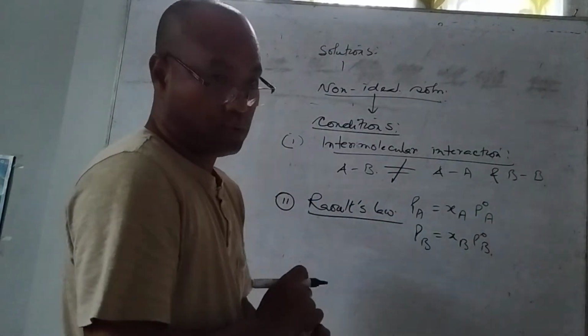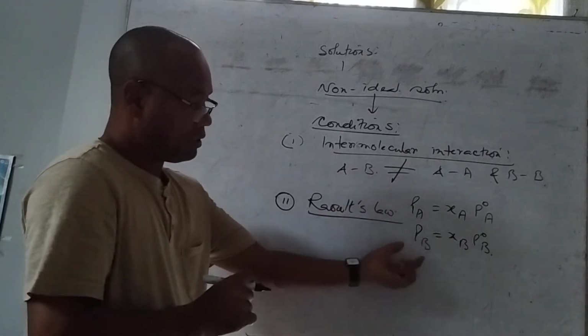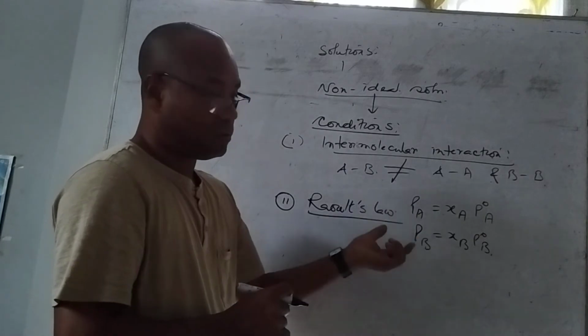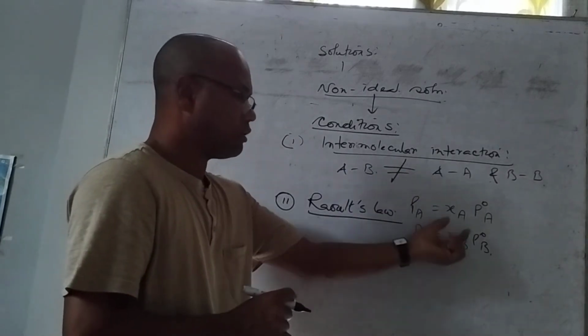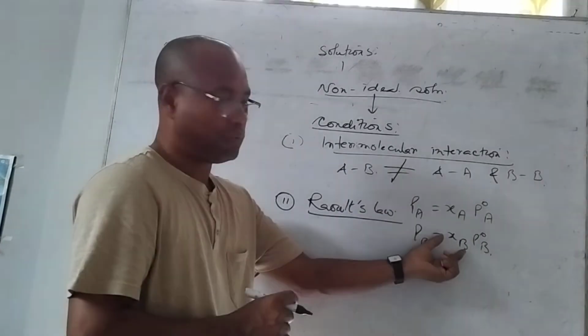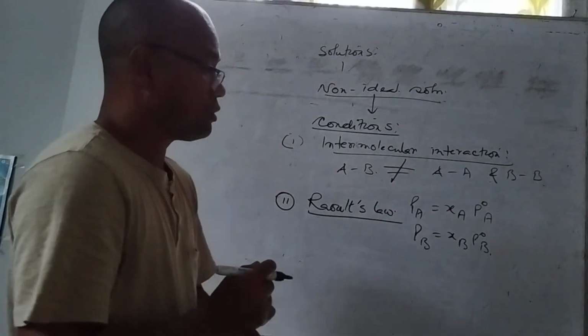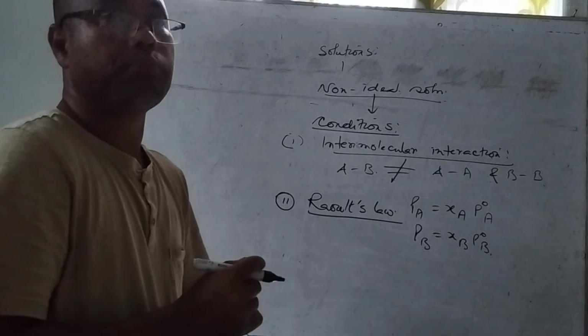Likewise, the vapor pressure of component B in the solution is exactly equal to the product of the mole fraction of component B in the solution and the vapor pressure of component B in the pure state.